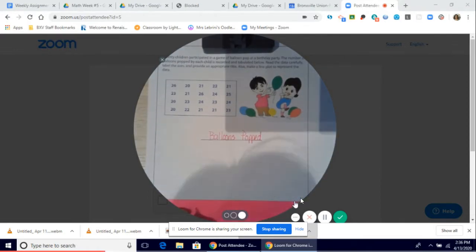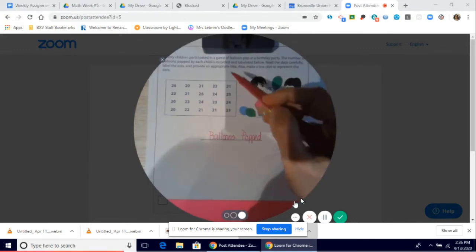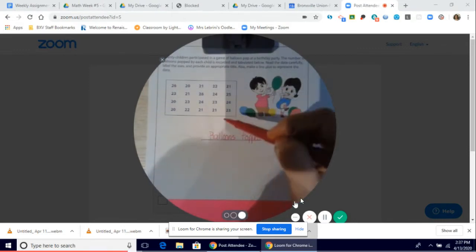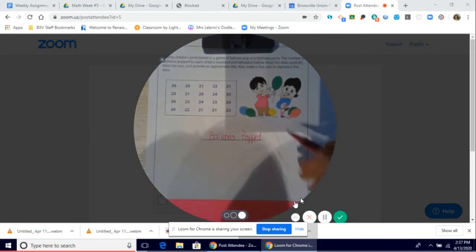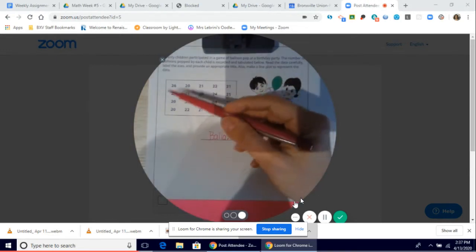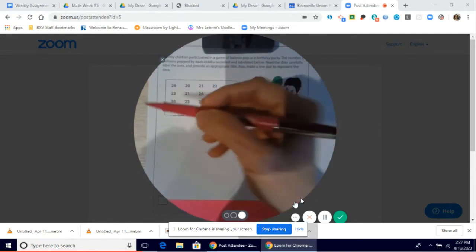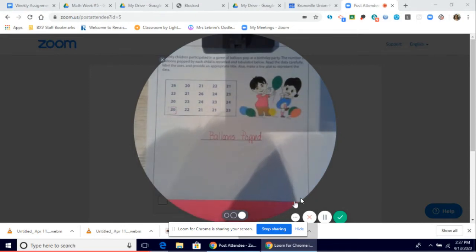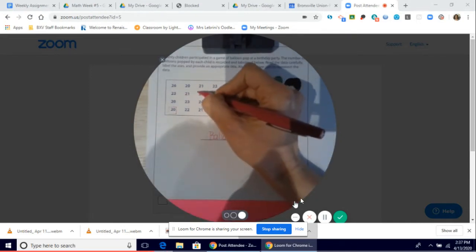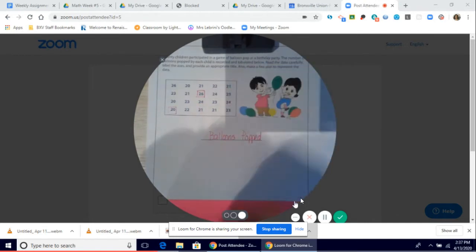So what this is actually showing you, we're going to be thinking about the number of times the balloon was popped a certain amount. So the first step that we want to do, we want to think about the range of our numbers. So what is the least number of balloons popped and the most? So it looks like when I'm looking at this chart that 20 is the least and 26 would be the greatest.